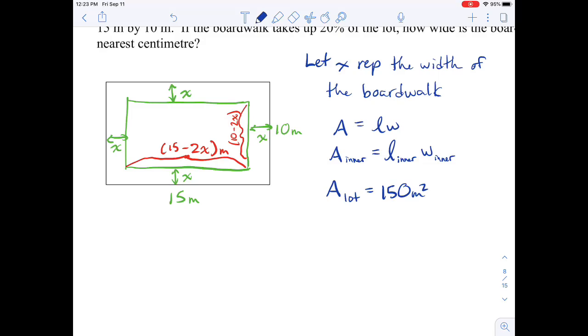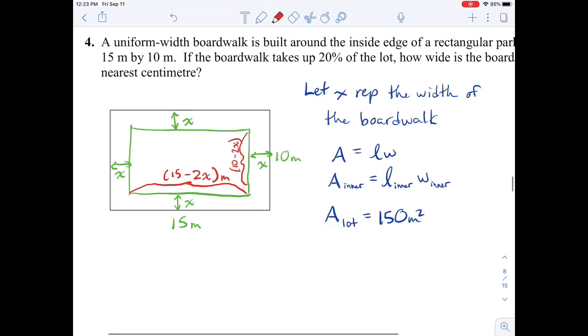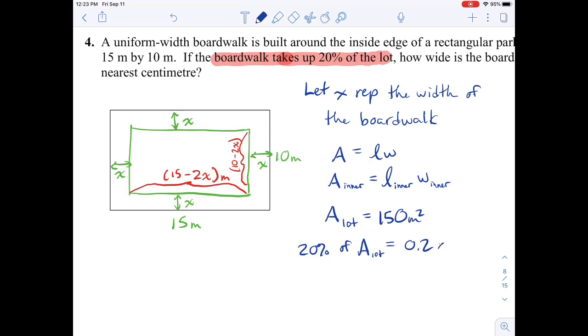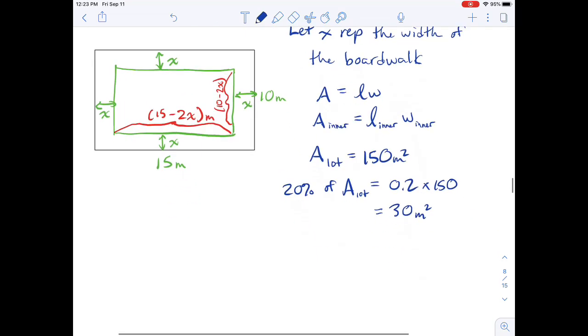And we know that the boardwalk is taking up 20% of the lot. So that was something that was mentioned here. So the boardwalk takes up 20% of the lot. So what does that mean? Well, 20% of the area of our entire lot would be like doing 0.2 for 20% multiplied by our total area of 150, or in other words, the boardwalk is taking up about 30 square meters.